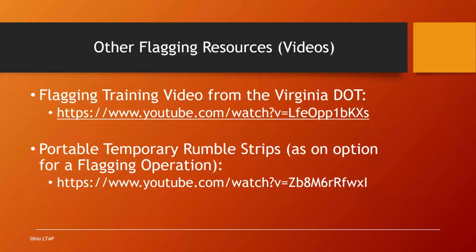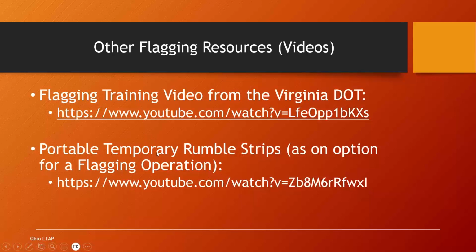So if you just type in flagging and then the plus sign and then Virginia, you will find they have like 2 really good videos on their website that I would sometimes use in my circuit rider version of this class.